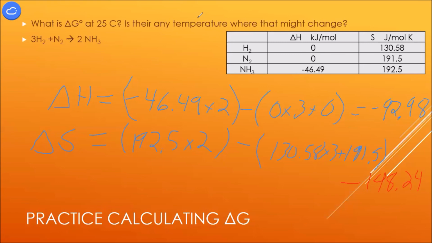There's our delta S. To calculate our delta G at 25, we're going to say delta G equals negative 92.98 minus 298 times negative 198.24 divided by 1,000.